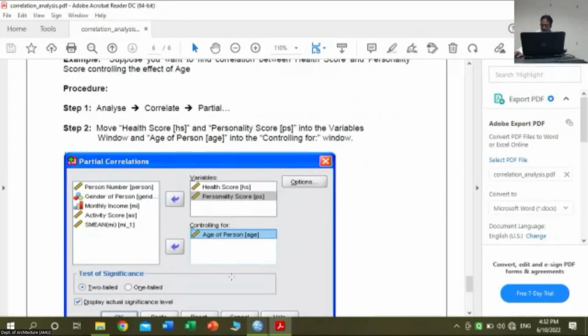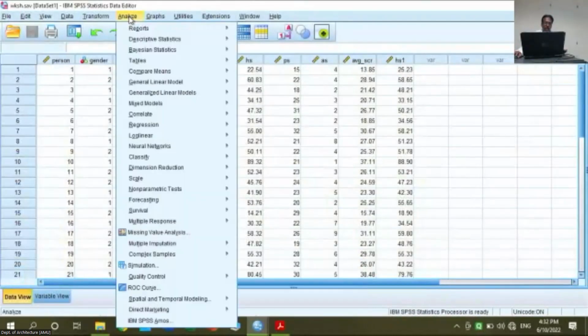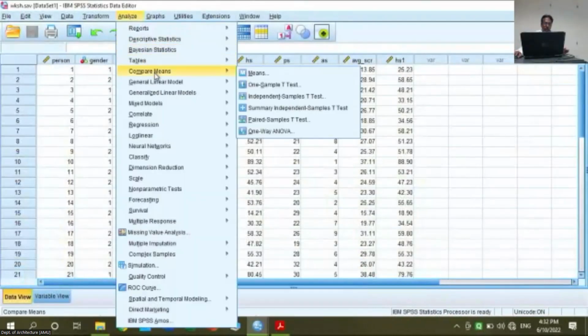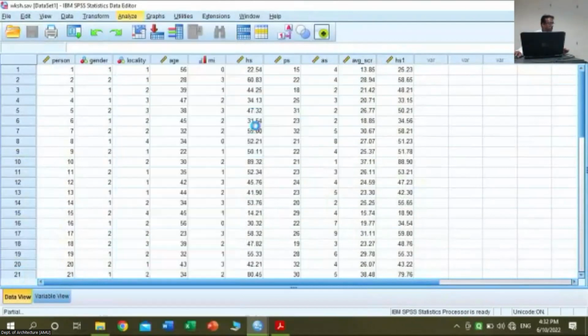So the command will be like this: analyze and compare, correlate, and see here there is an option partial.